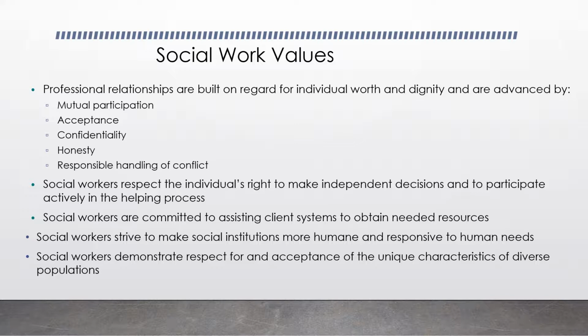So policies that actually aren't providing the resources that people need. Communities that are helping some individuals but not others. We as social workers are charged with going beyond just working with individuals to working with the communities and larger policy structures to address human needs.